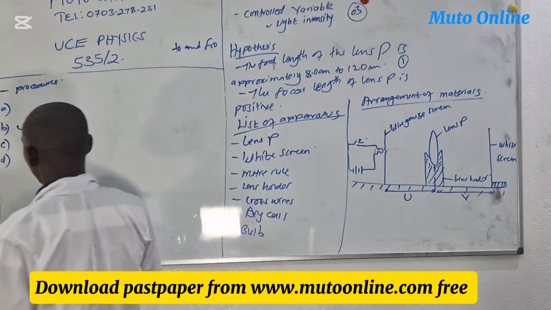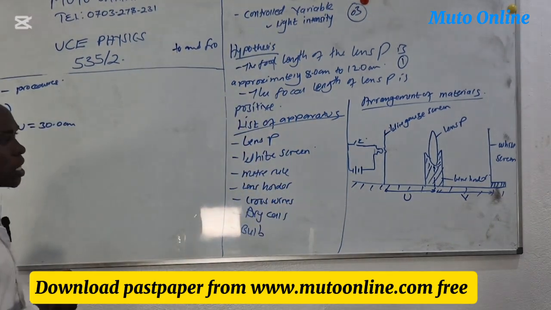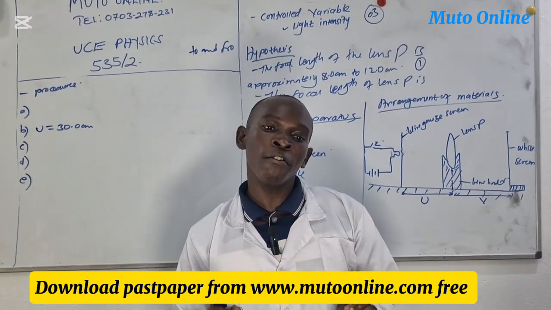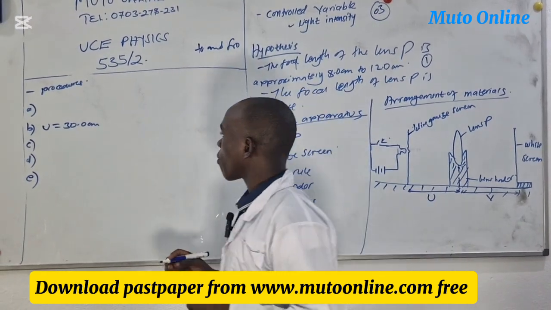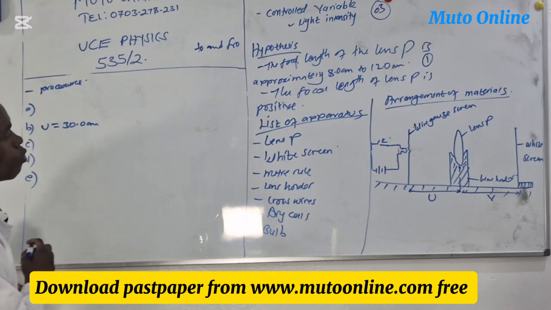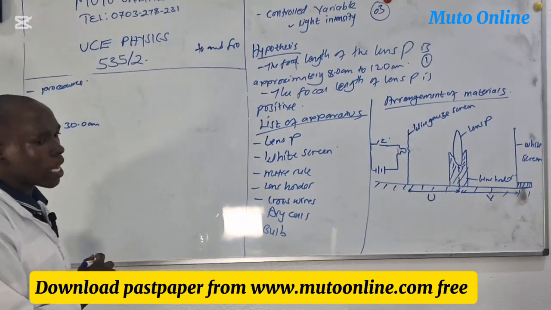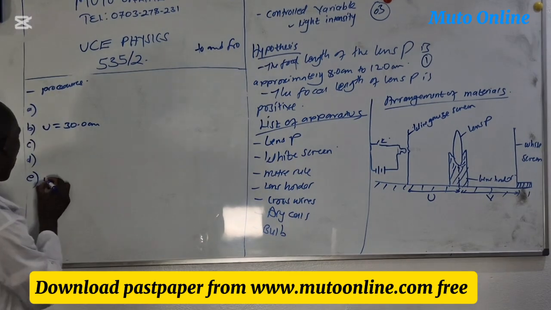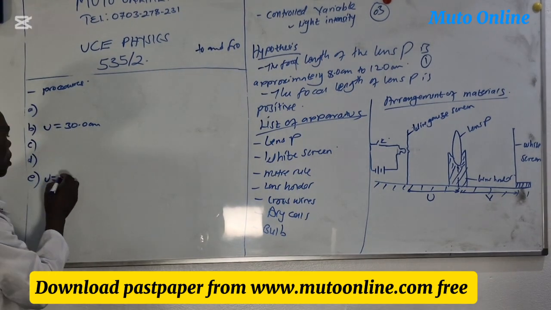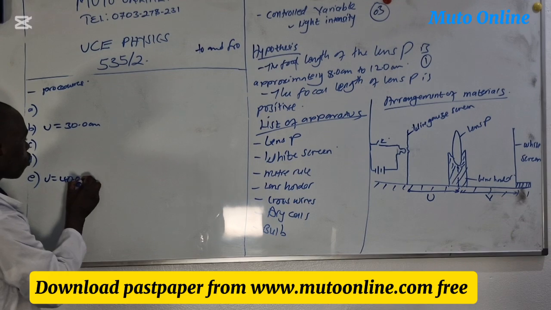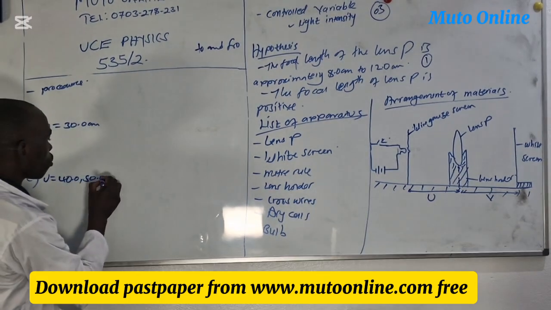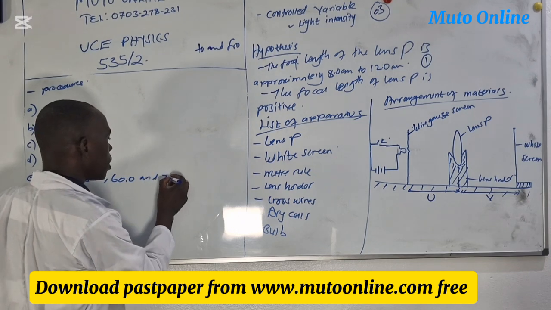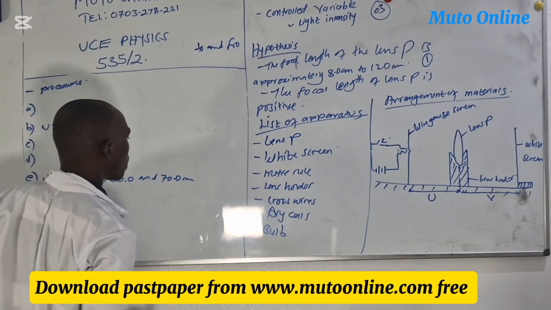And so what are we going to do? We are going to repeat the experiment for other values of u, for other values of the object distance. Now we are going to say, repeat the experiment for other values of u equals, we began with 30, so 40.0, 50.0, 60.0 and 70.0 centimeters.